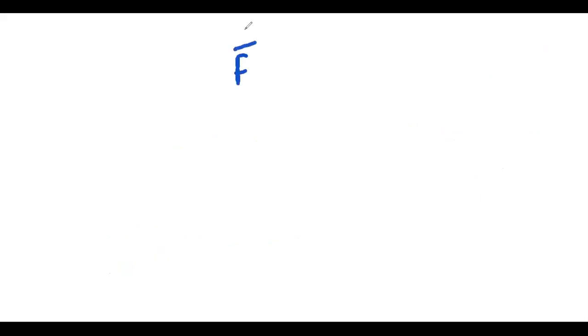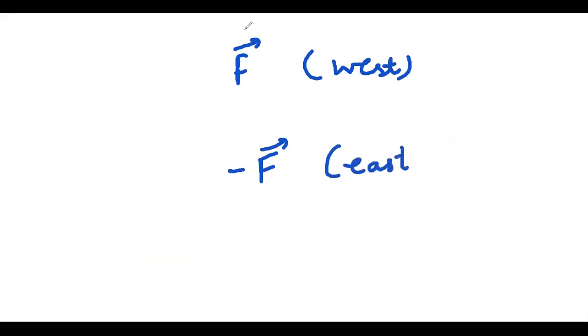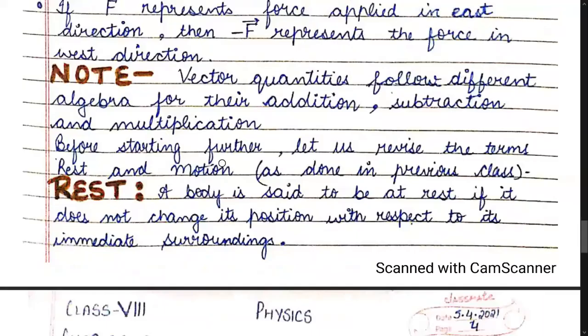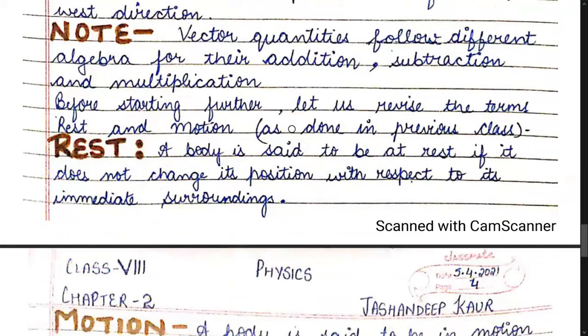Suppose F vector was along the west direction, now minus F means the force is directed towards the east. Further, note that vector quantities follow different algebra for their addition, subtraction, and multiplication, which you do in your higher classes. Now children, before starting further, let us revise certain terms which we studied in class 7th.